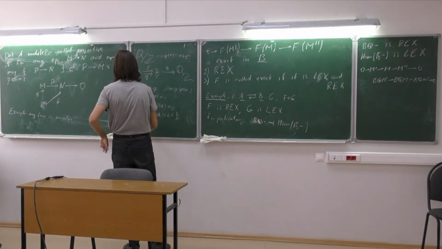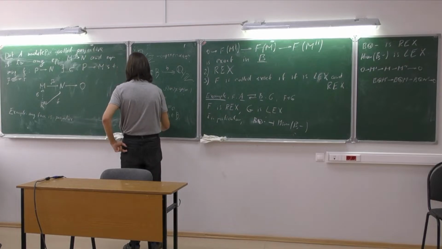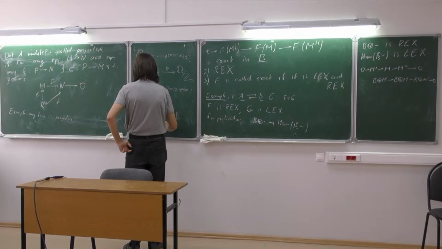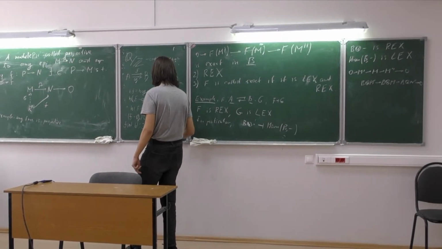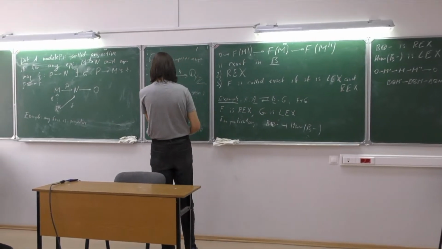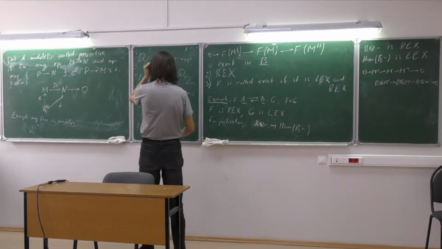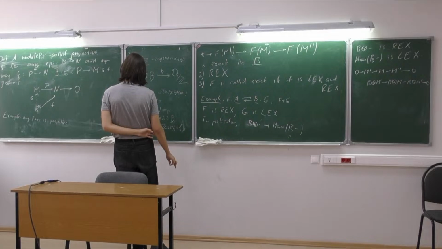So first I wanted to find all elements in B such that, and how my map will be defined.